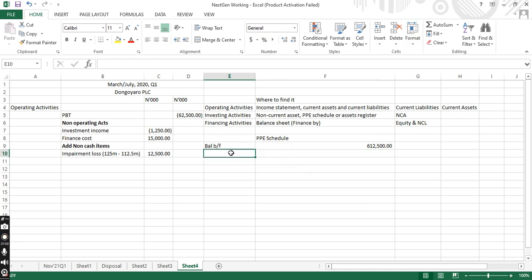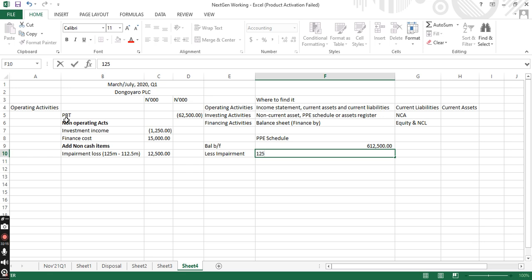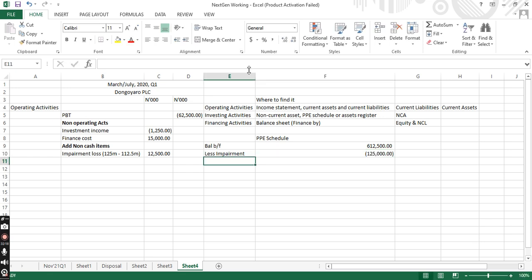Okay, 612,500, that's at the beginning of last year. Then less impairment. What's the impairment for last year? 125,000. I am to less it. 125,000, right? And that gave us a closing balance of how much?